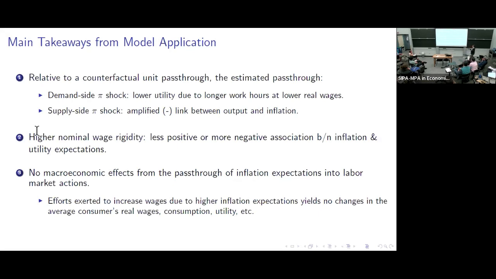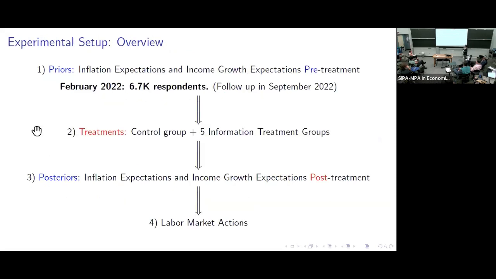If the inflationary shock is coming from the supply side, the link between output and inflation will get even more reinforced. Generally, higher nominal wage rigidity will yield a less positive or a more negative association between inflation and utility expectations, and I'll be very clear about that. And finally, we're going to find no macroeconomic effects coming from the pass-through of inflation expectations into labor market actions at a macro level.